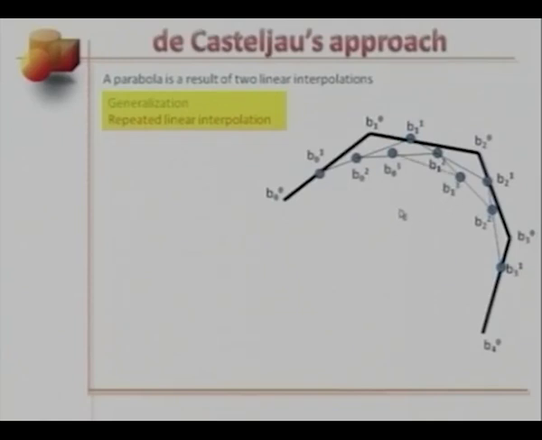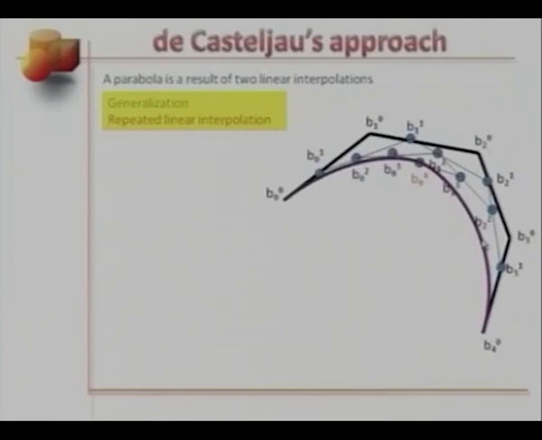And finally, we join these 2 points. We mark a point here on this line segment, and we nomenclate this point as the first point of the fourth stage linear interpolation. You would realize that we can go no further with linear interpolation anymore.